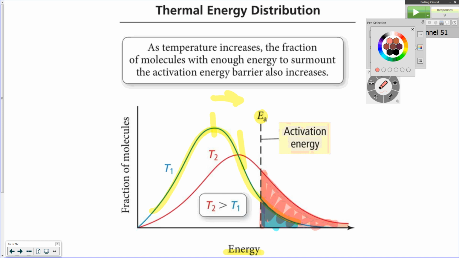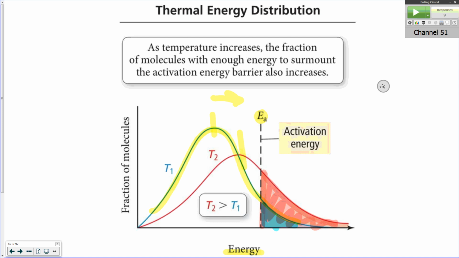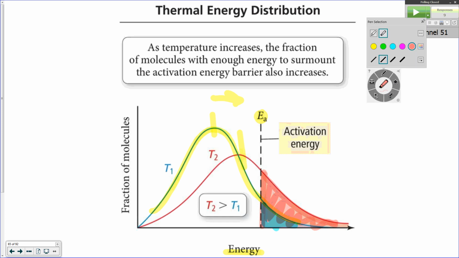Maybe it's a third of the molecules where it was 10% at a different temperature. And as I keep increasing the temperature in the system, if I would go to yet a higher temperature, I could push almost all the molecules into that form. So if I went to a temperature 3 up here that was way up here, I could get the distribution like this.